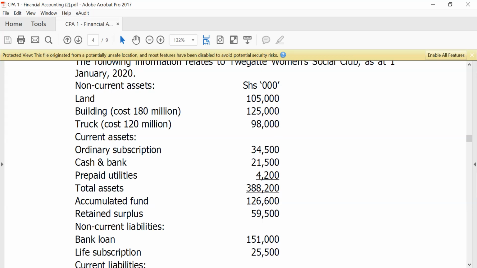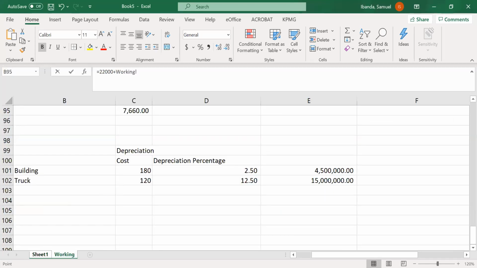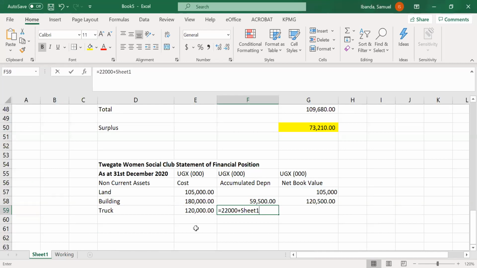So what that means is I'm going to get 22,000 plus the depreciation for the year. The depreciation for the year is 15,000.